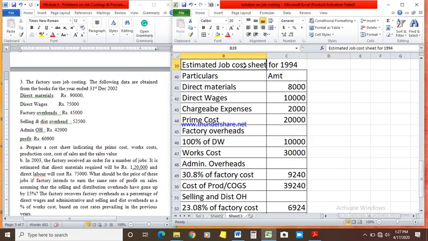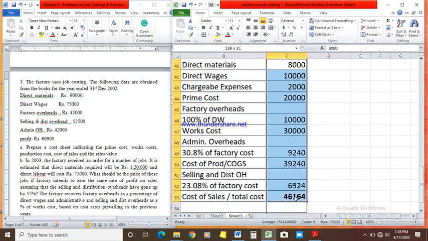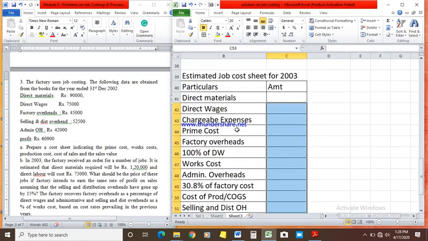So again I use the format, estimated job cost sheet for 2003. I just remove all these values here. Okay, so the format is ready now.